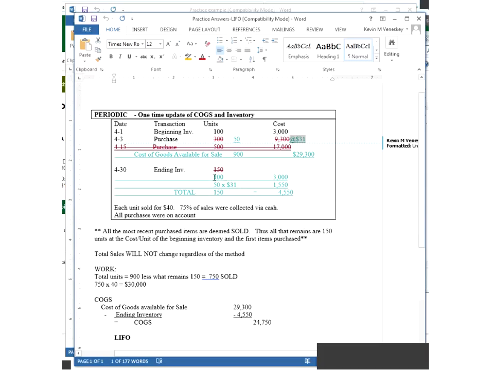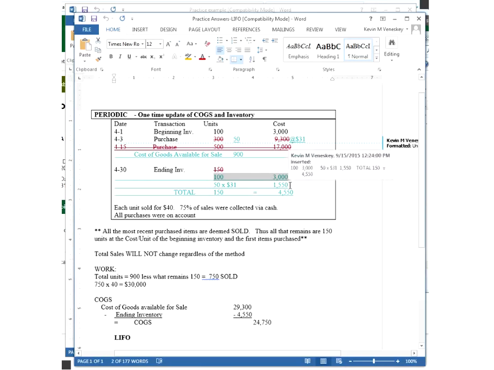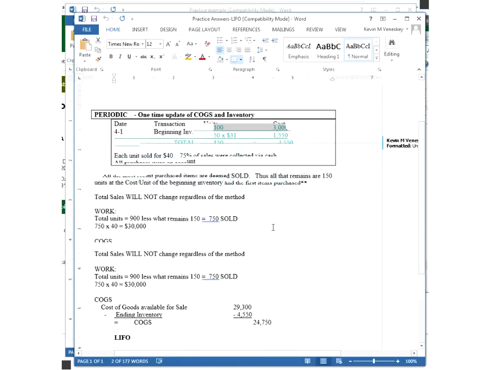So in my ending inventory, I have the 100 units costing $3,000, and then 50 of these guys at 31 bucks a piece. So that's $1,550 for a total ending inventory of $4,550.